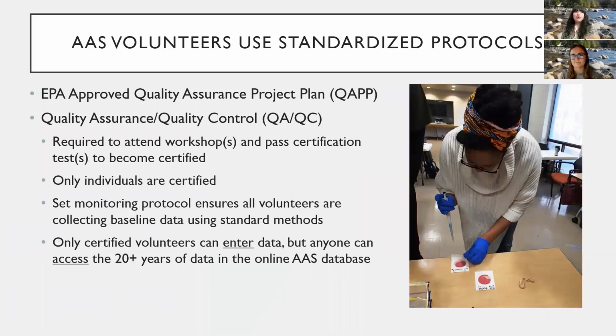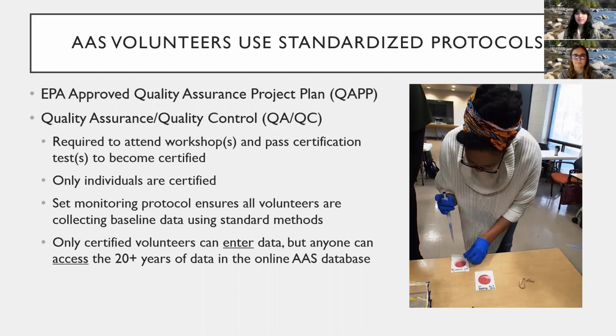You just saw we have so many volunteers and coordinators throughout the state working with the program, but we all need to make sure that we're on the same page with monitoring, so we know that our data being collected is replicable and trusted.